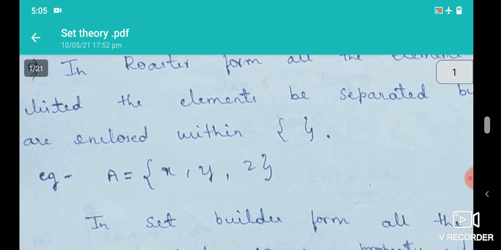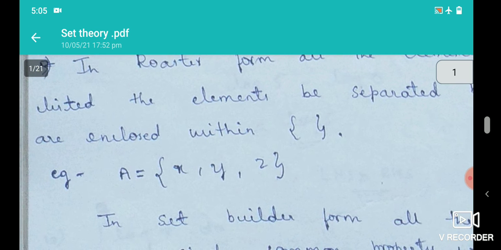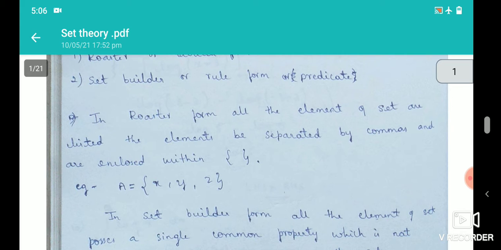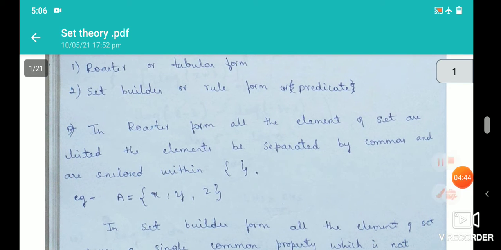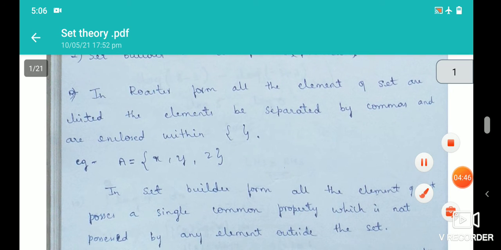This is one example: A equals x, y, z. This is the way of representing in the roster method, where we place all the elements of the set within brackets, separated by commas.